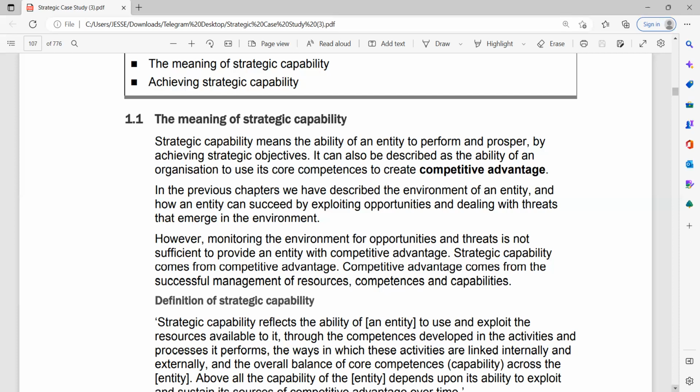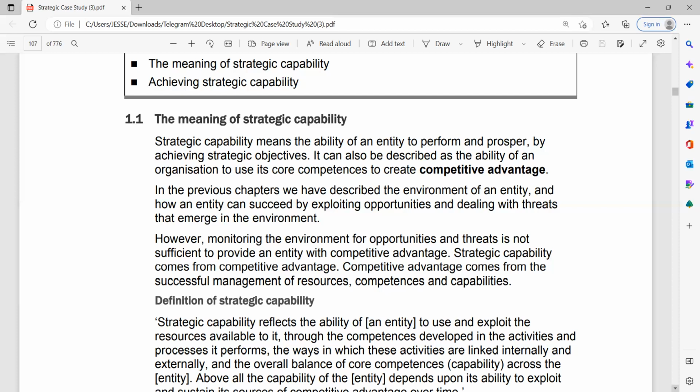So you can see from here that it can also be described as the ability of an organization to use its core competencies to create competitive advantage. Very important. So once you've understood this simple principle of strategic capability, you can then tie this in with our whole discussion on internal analysis, right?